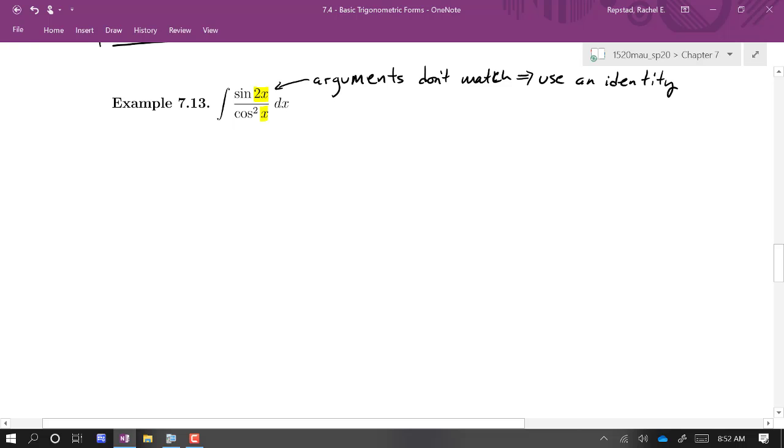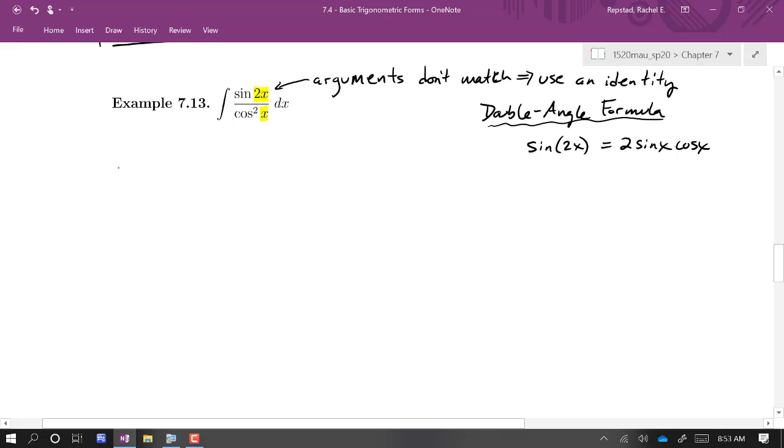The double angle formula for sine tells us that sine 2x is equal to 2 sine x cosine x.